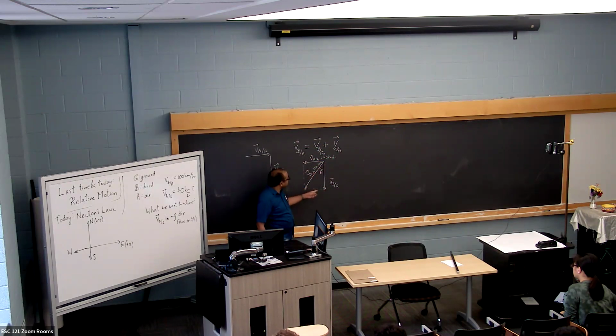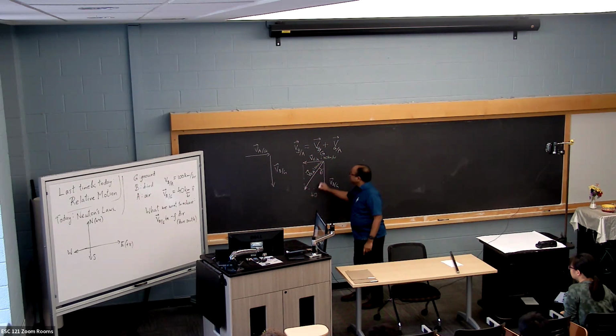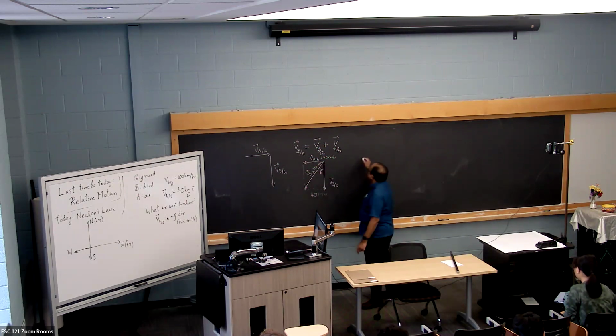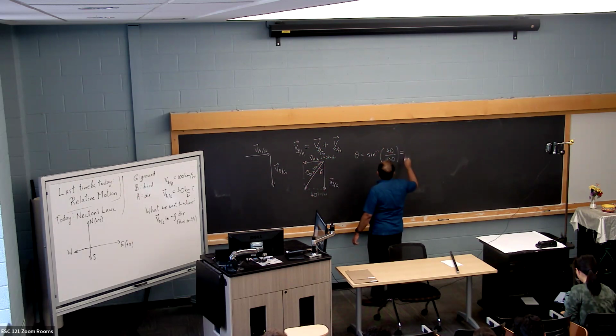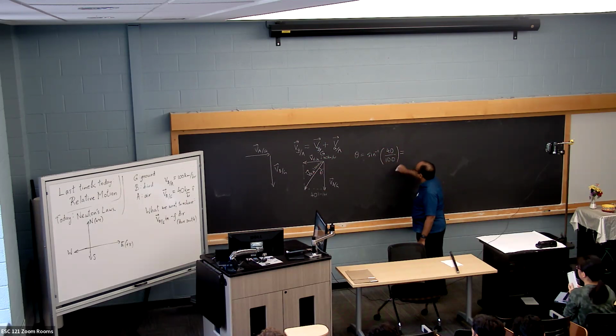Which trig function would I use? Sine, that's right, because I have the opposite side over here. I know that this side is the same as this side, which is 40 kilometers per hour. And so I can say that theta is inverse sine of 40 over 100. Can someone calculate what that is? 23.6, is that degrees? All right, thank you.